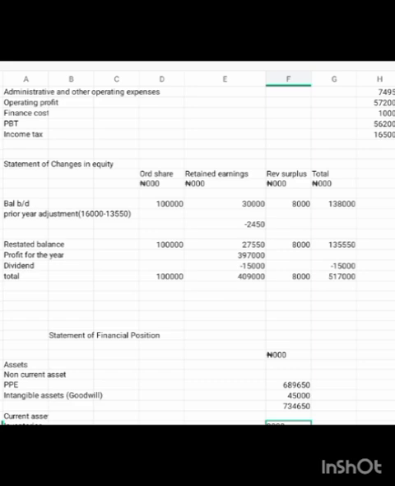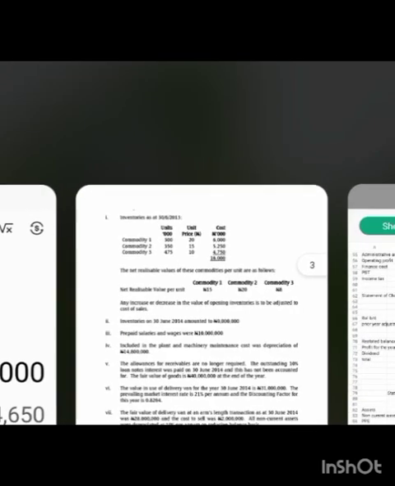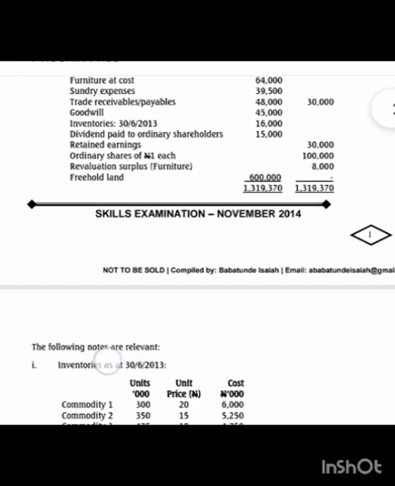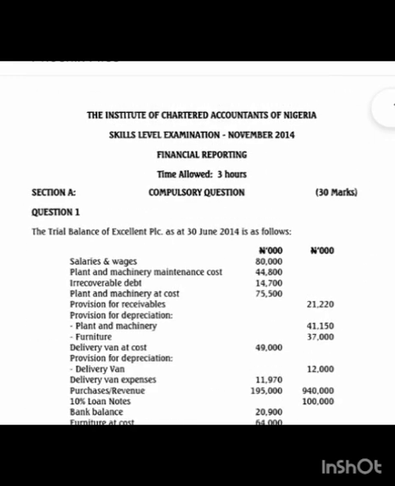Okay, after inventory, what else do we have? We have trade receivables, and we have cash and cash equivalents. What are receivables?